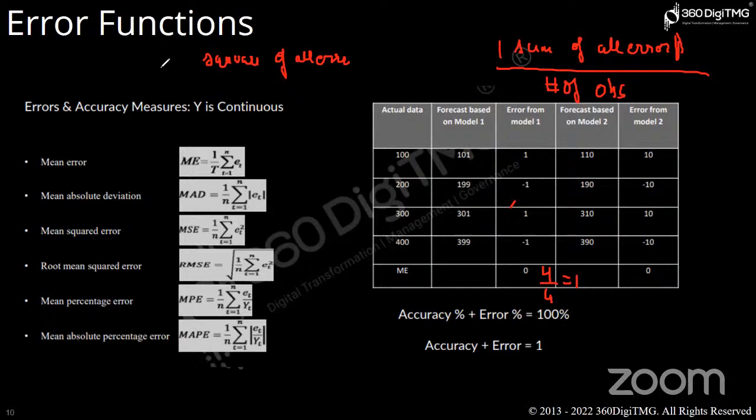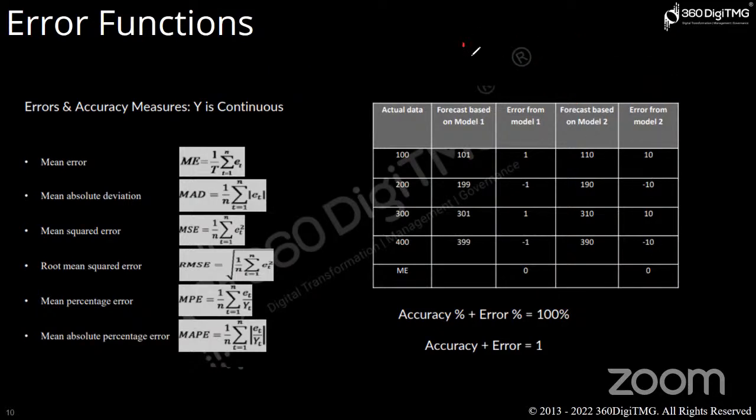Okay. And then finally we have root mean squared error. So what we do in mean squared error, let's see here. For example, we have this. This would be 10 square plus minus 10 square plus 10 square plus minus 10 square divided by 4. This would be what? 400 by 4. This would be 100.